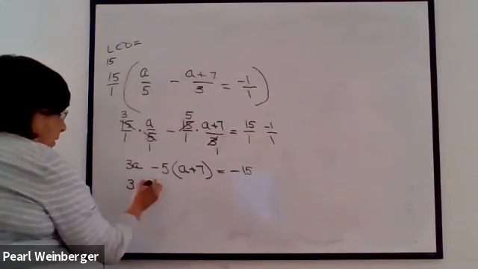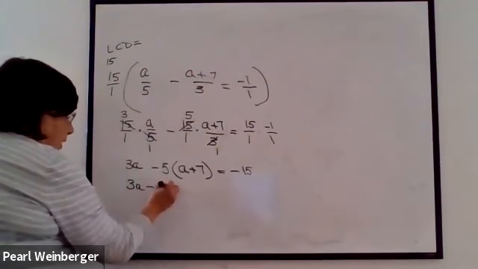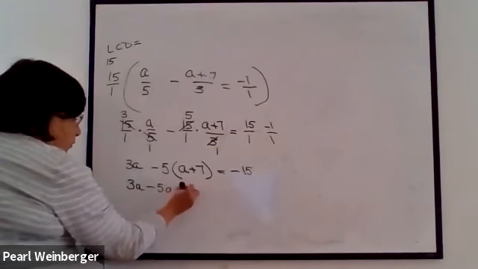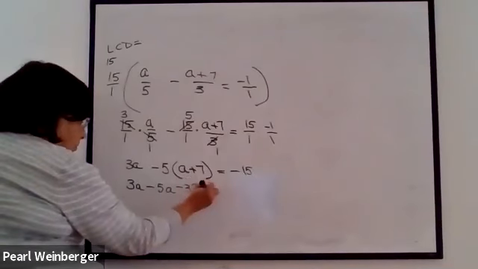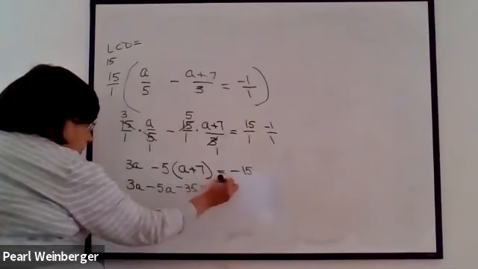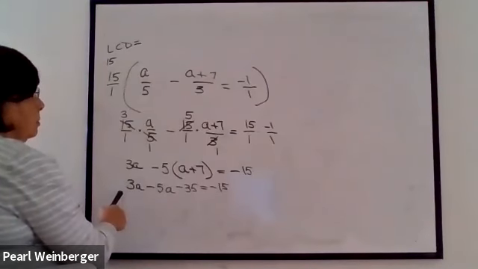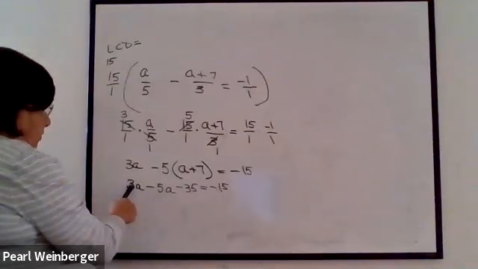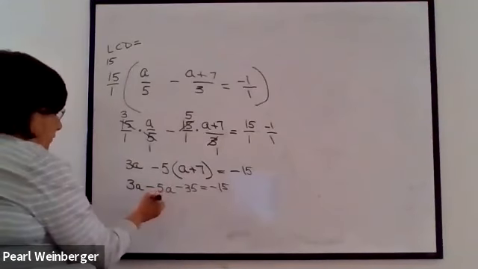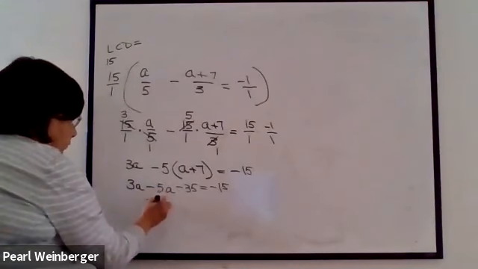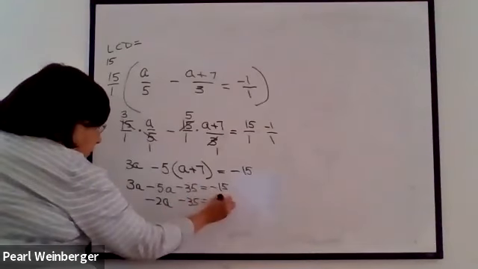Now I'm going to multiply by negative 5, so negative 5a minus 35 equals negative 15. I'll combine the 3a and the negative 5a, which will give me negative 2a minus 35 equals negative 15.